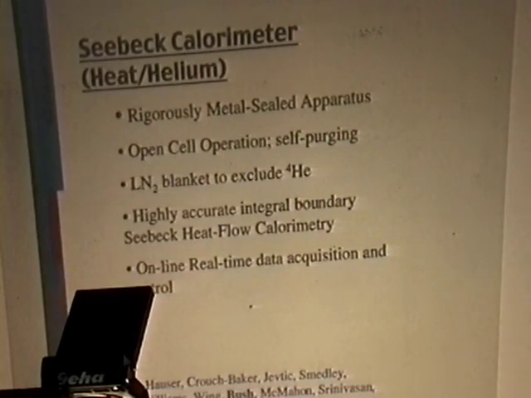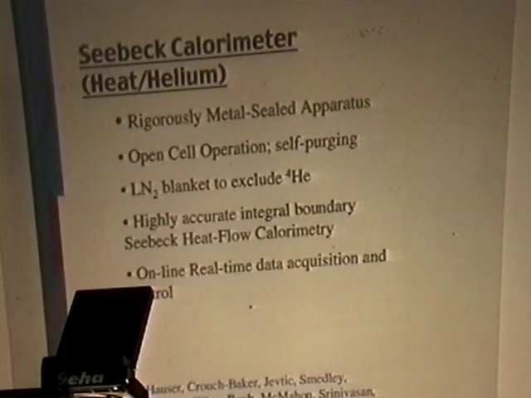And the object of this experiment was really to reproduce the work performed by Mel Miles and Ben Bush, in which the first evidence was developed for a quantitative correlation between the appearance of helium-4 and excess heat production.